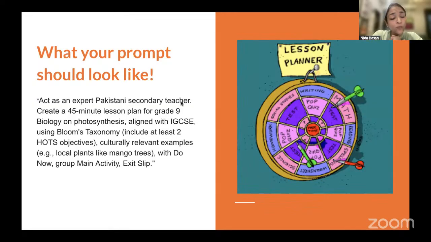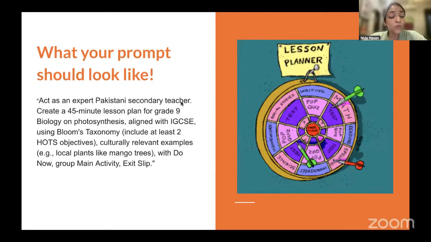And I'm saying that it needs to be aligned with IGCSE Cambridge. You can even give your subject code, whichever board you are following, whether it's GCSE, IGCSE, or AQA, and that gives it the standard and it knows which one it needs to follow.